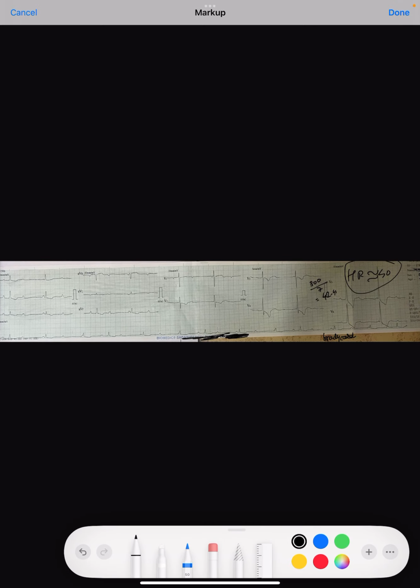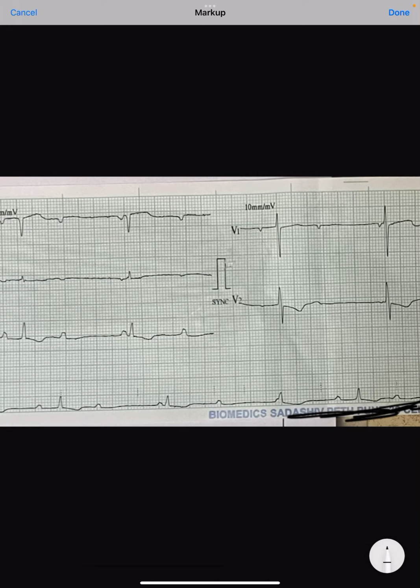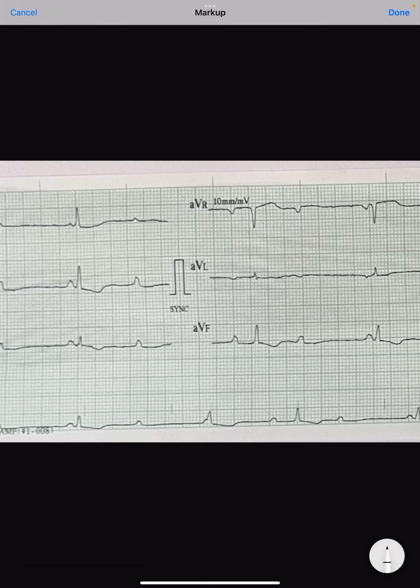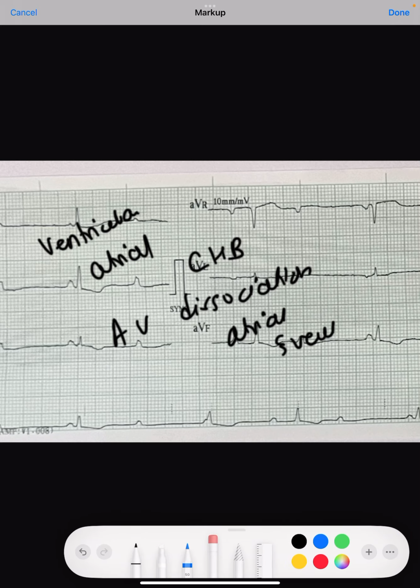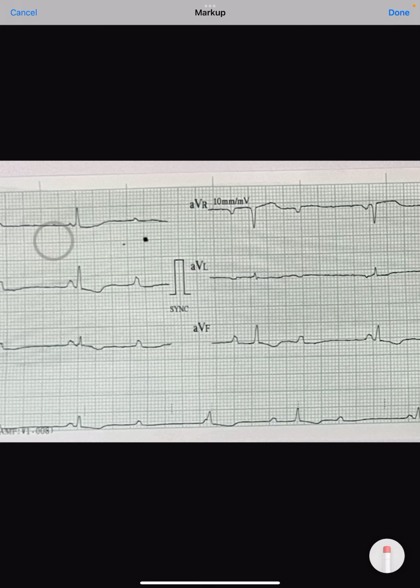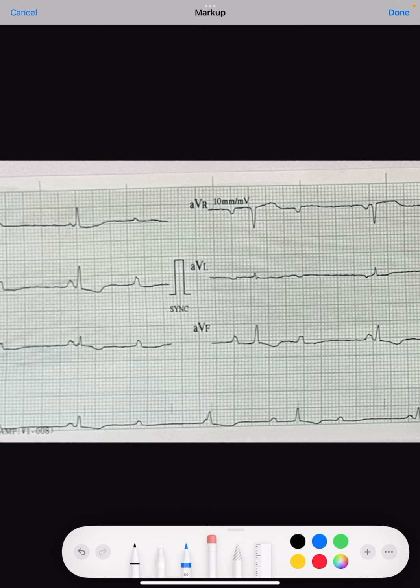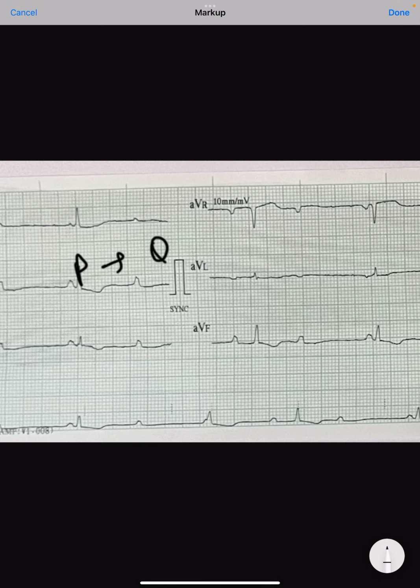Complete heart block is very easy to diagnose. The ventricular rate should be completely different from, or independent of, the atrial rhythm. That is what is called complete heart block, which is called AV dissociation. It means there is no relation between atrial rhythm and ventricular rhythm, because in the normal scenario each and every P wave is followed by a QRS.